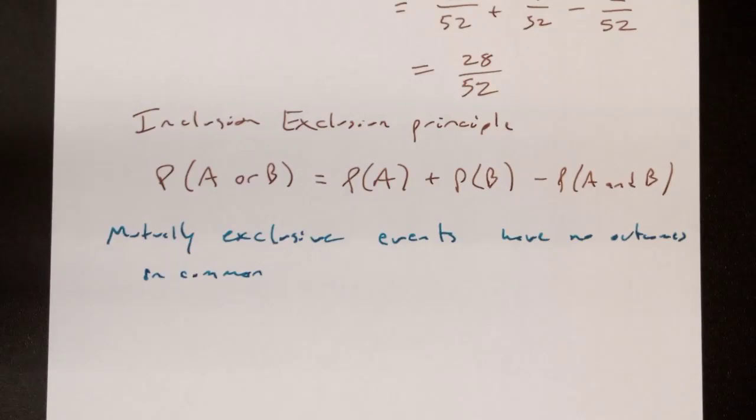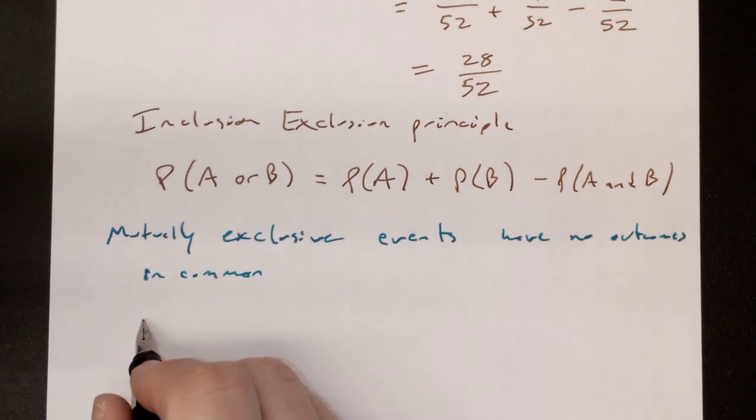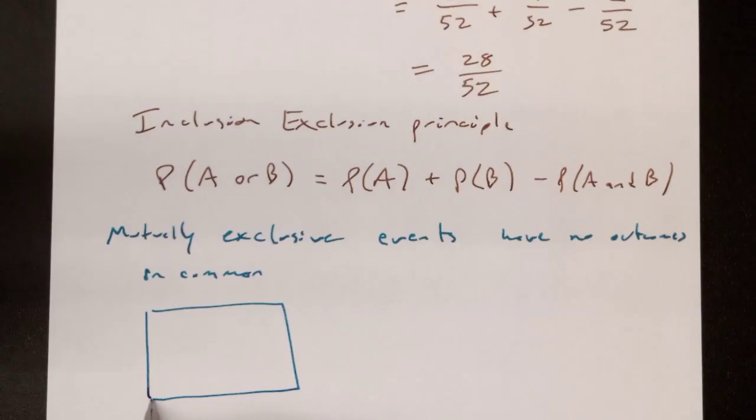Since the outcomes, the individual simple events inside my compound event, have to be completely separate from one another. Okay, wait a minute. I'm dealing with two sets inside some universe, right? Here's the Venn diagram everybody's used to seeing. When I think of two events as sets inside my universe, I can think of my universal set, my set A, and then I draw another circle, right?